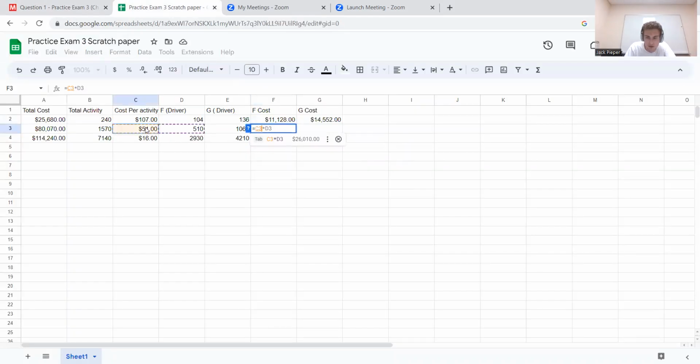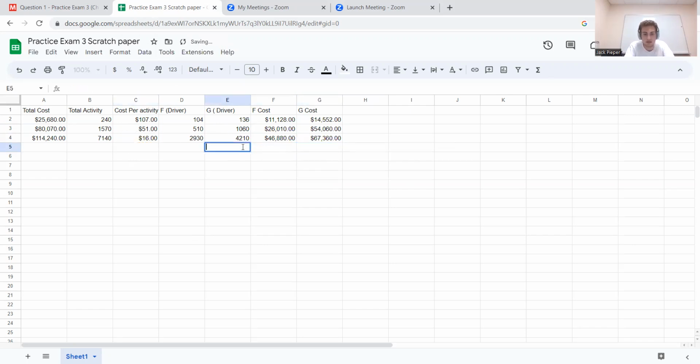So we'll do $51 per order times the amount of orders for F. And then we'll do the same for G. So we'll do 51 times the driver for G, which is 10,060 orders. And then we'll do this times this, which is the hours. And then again, we'll do the same for G. So we'll do this again times this.